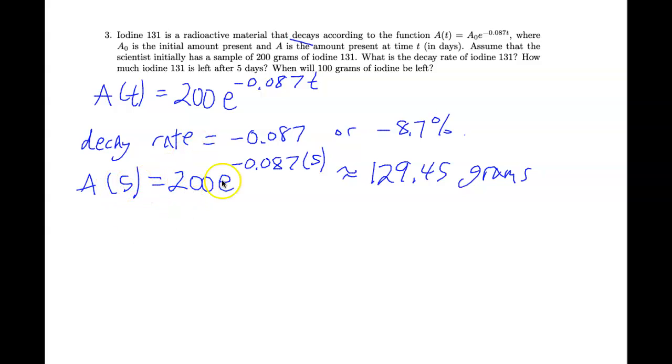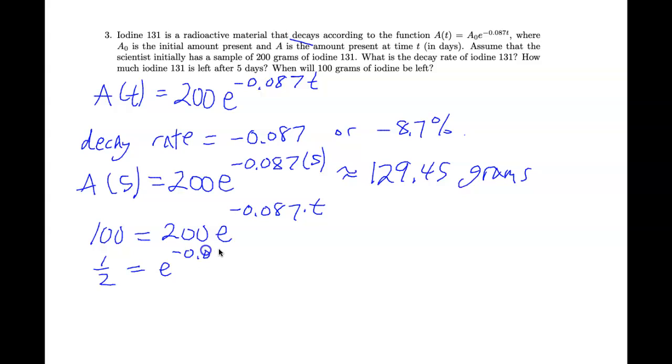And so half of 200 is 100, so that's our A of T. And we're solving for T, so we're going to want to divide both sides by 200. This will mean we'll end up with 1/2 equals e to the negative 0.087 T.